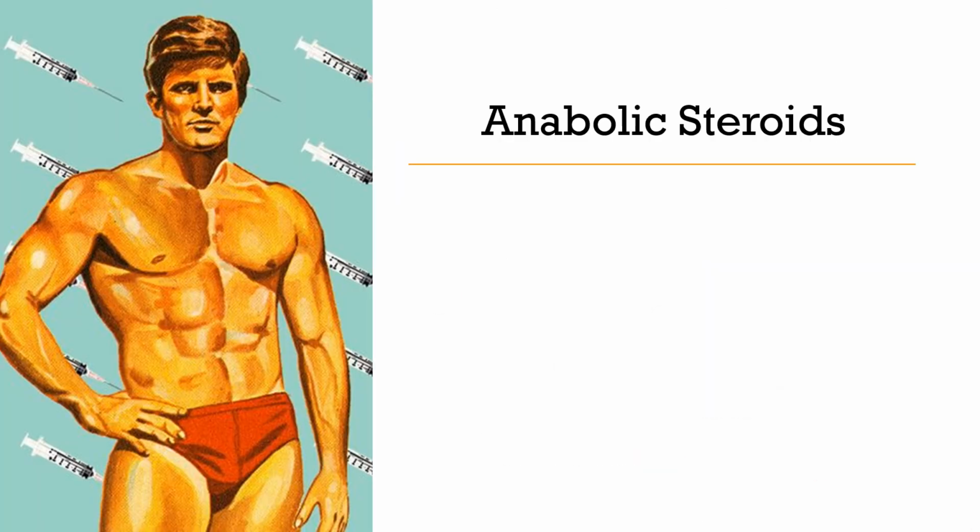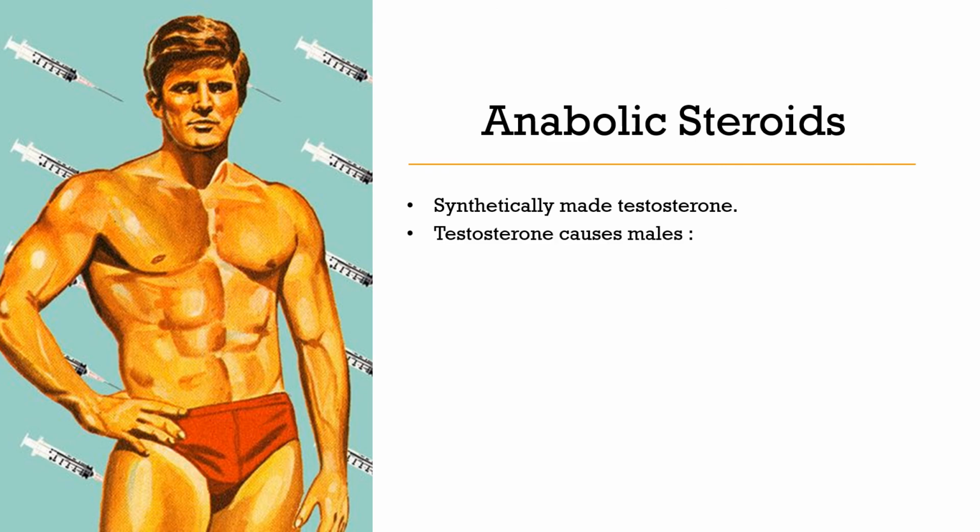While we're on the topic of steroids, I wanted to mention a little bit about anabolic steroids, and specifically anabolic testosterone. Now, anabolic testosterone is going to be synthetically made, which means it's made in the laboratory and not within the body. And it's going to mimic what naturally occurring testosterone does in males. So in males, testosterone is going to be released at very high levels during puberty, which allows for bone and muscle to grow.